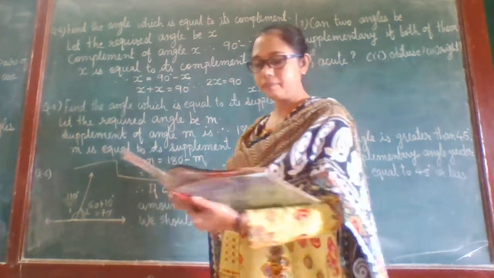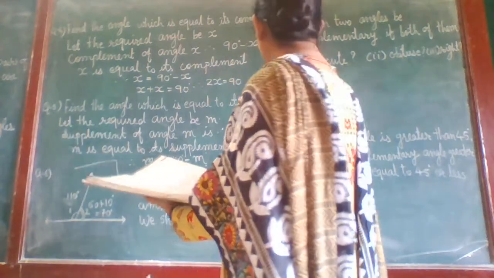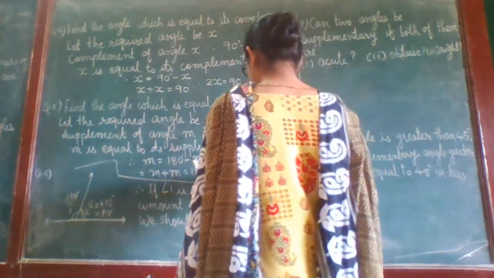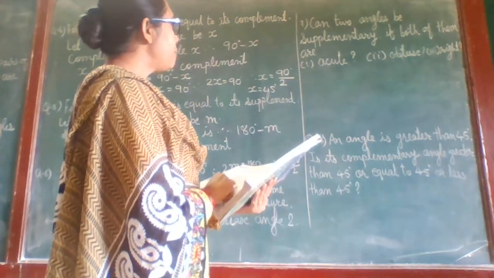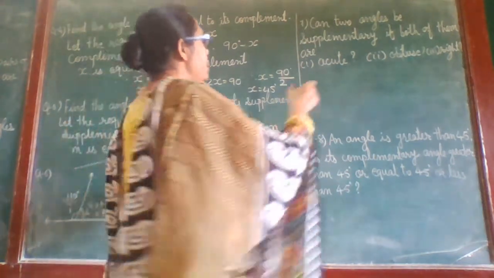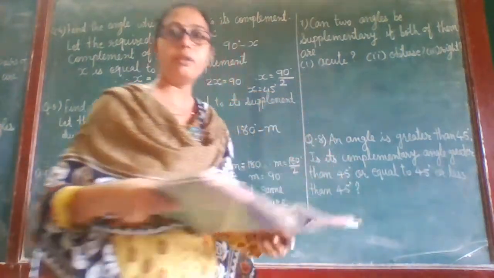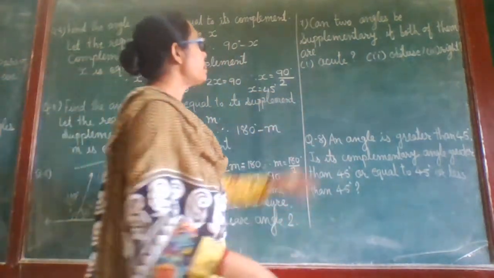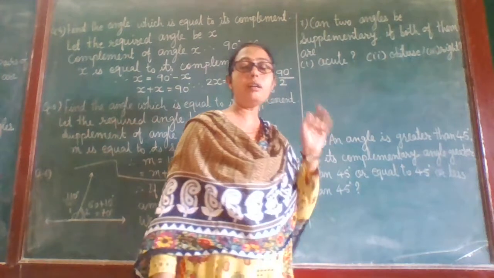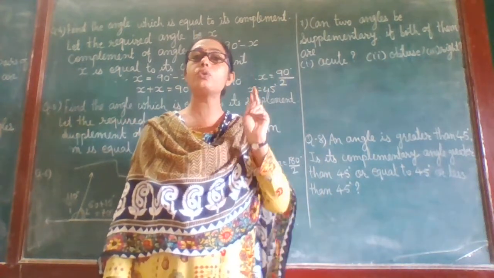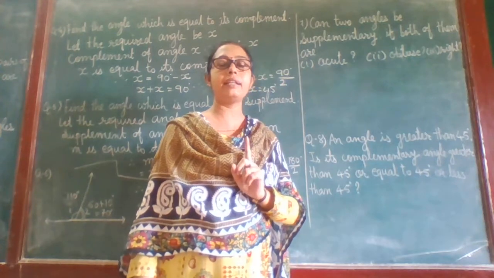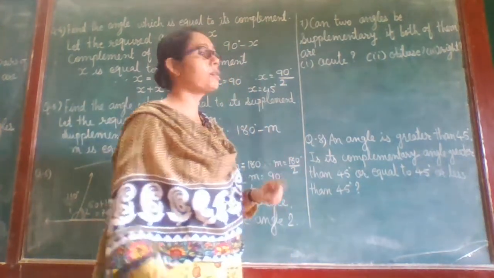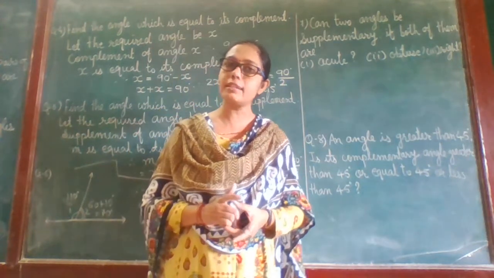Understood? Now question number 7. Can two angles be supplementary if both of them are, first we see, acute angles? We know that supplementary angles, the sum of measures of two angles is 180 degree. Those two angles are called supplementary angles to each other.